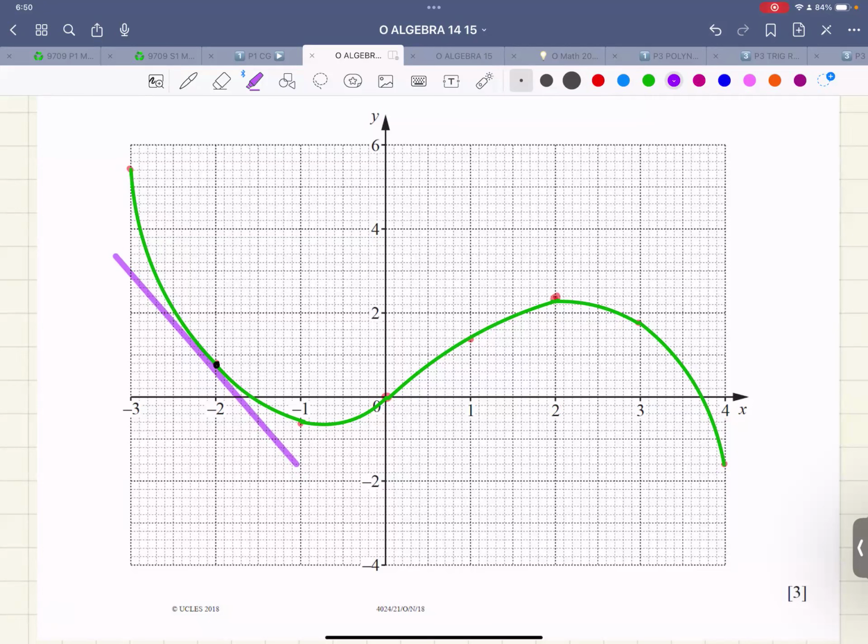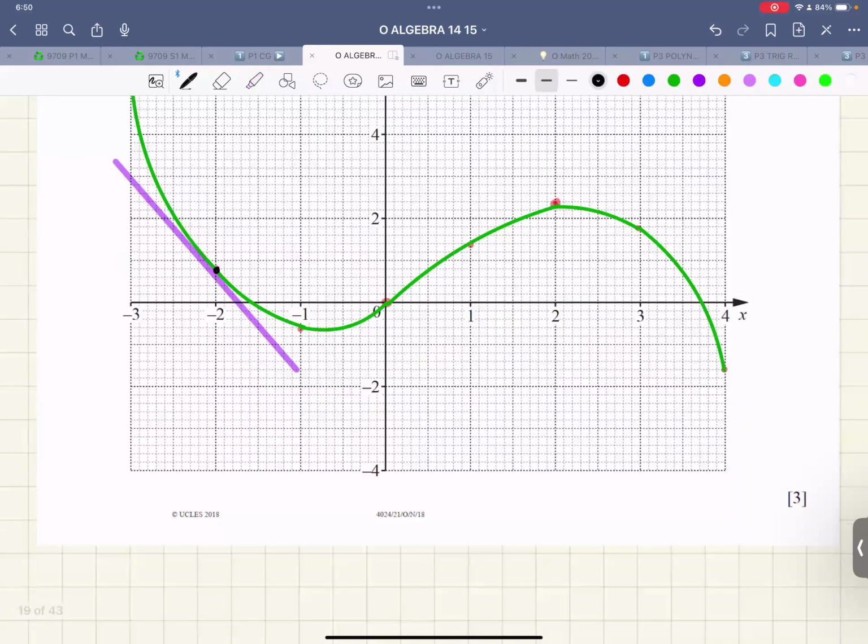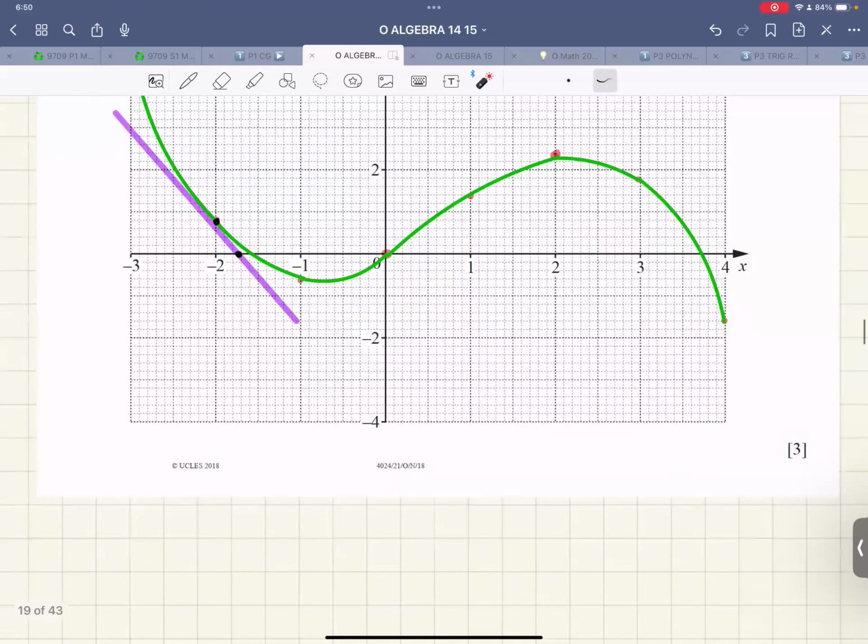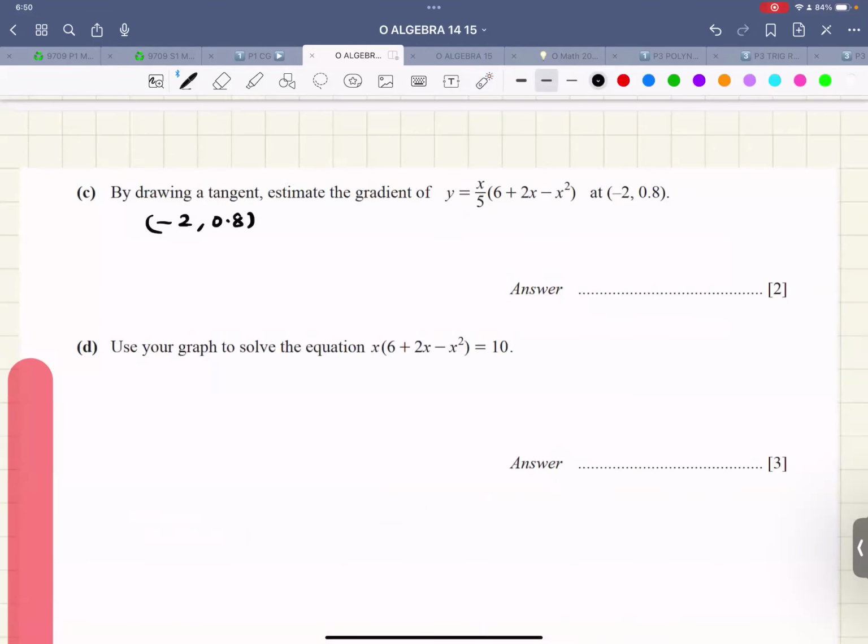Let me mark this point over here. So this is how much? This is negative 1, negative 1.5, negative 1.6, negative 1.7, 0. Let me write this: negative 1.7, 0. So the gradient based upon this is 0.8 minus 0 divided by negative 2 minus negative 1.7.